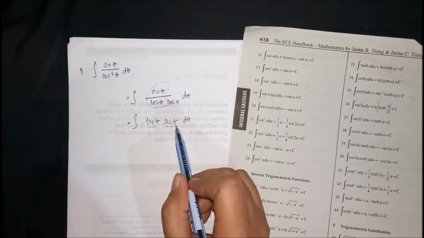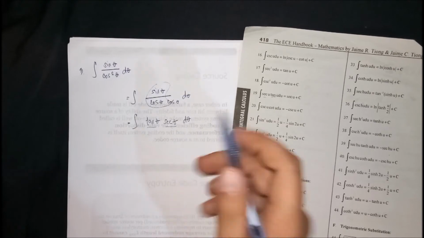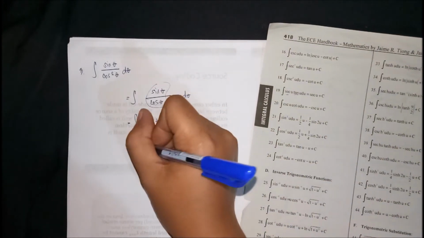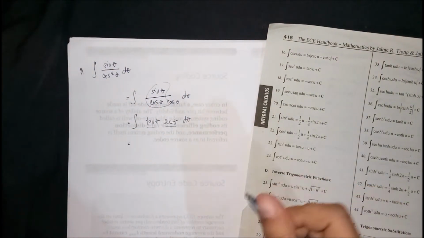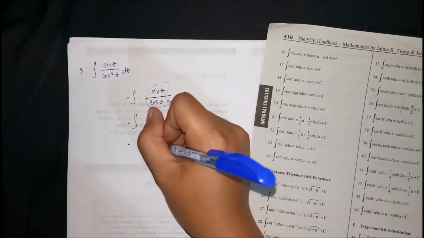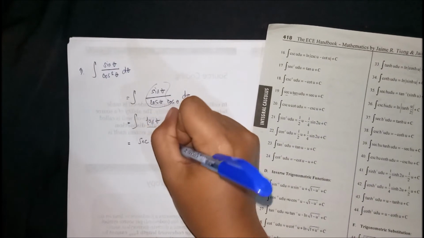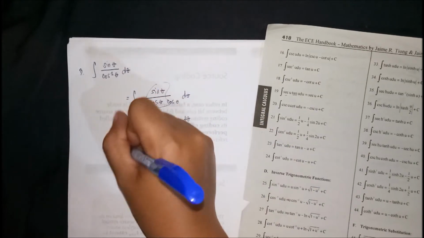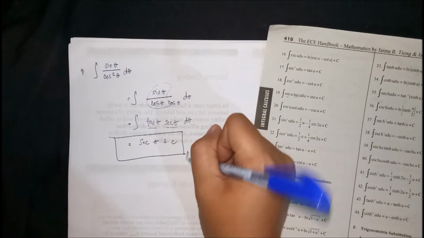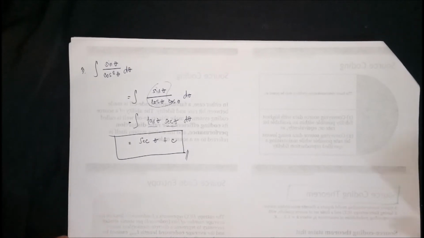Yung theta natin class, derivative niya is d theta. So, ibig sabihin, ang ating integral na yan class would be secant theta plus c. Now, this is your final answer. Now, you see, class, kapag familiar tayo, sabi ko na, dito sa mga formulas na to, it would be easier na to solve our integration.